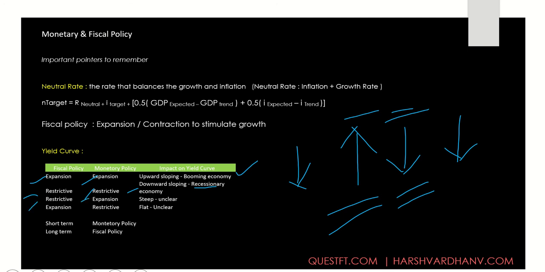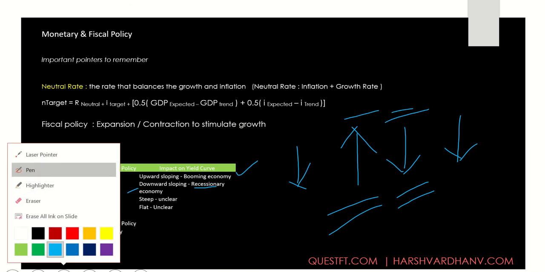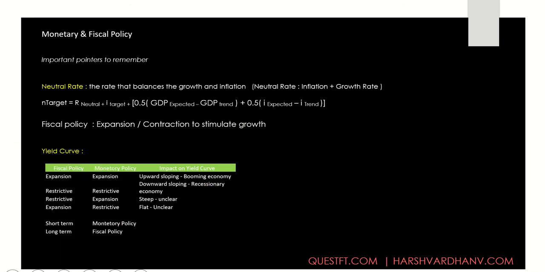Restrictive and expansion, so this is important. Fiscal policy restrictive, monetary policy expansionary. When monetary policy is expansionary, the interest rates are low, and because the fiscal policy is restrictive, the yield curve will look like a steep yield curve.